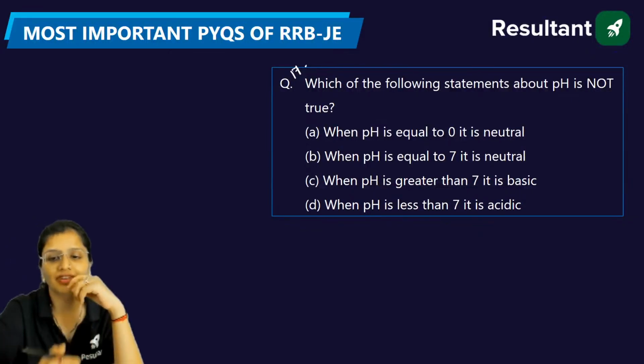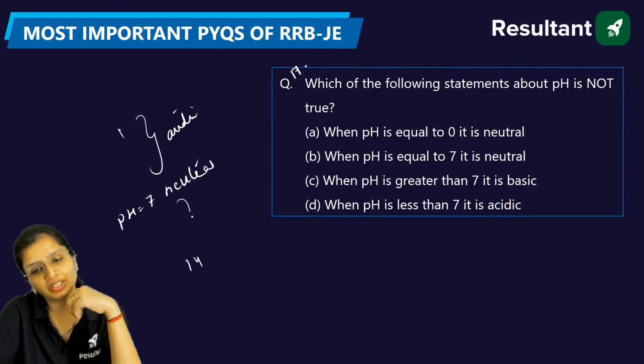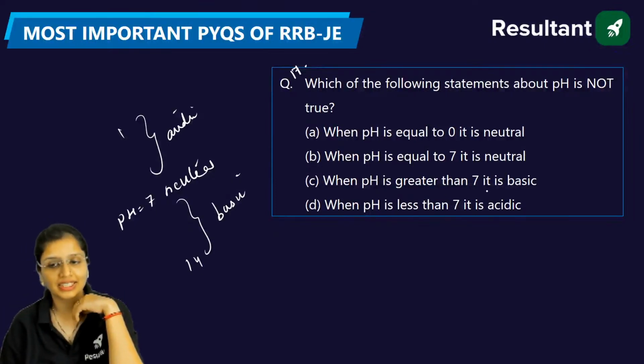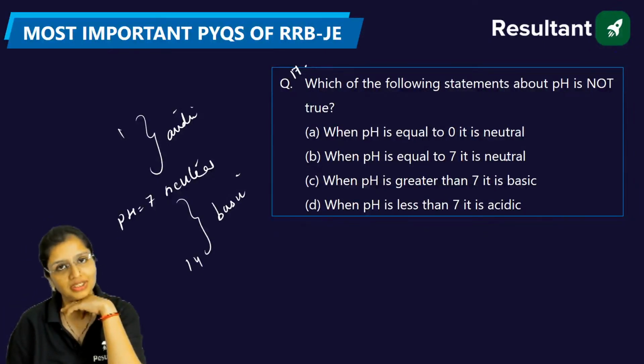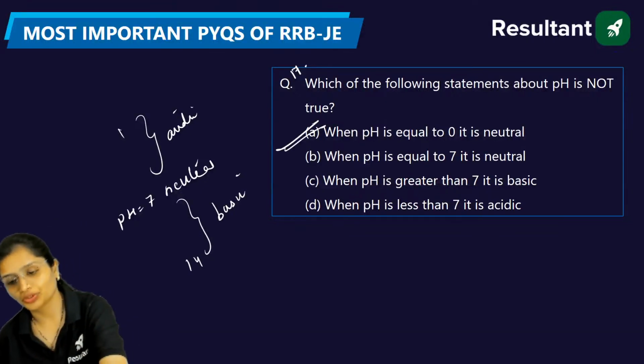Correct. When the pH is 7, it is neutral. 1 to 7, it will be acidic. 7 to 14, it will be basic. So pH less than 7 is acidic, correct. pH greater than 7 is basic. And when pH is equal to 0, it is neutral. False. pH equal to 7, then it is neutral.